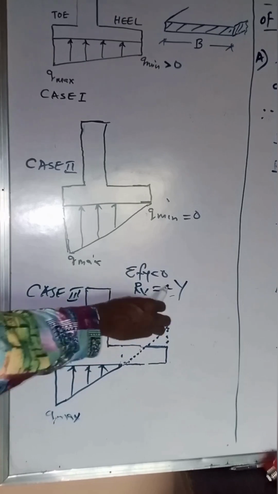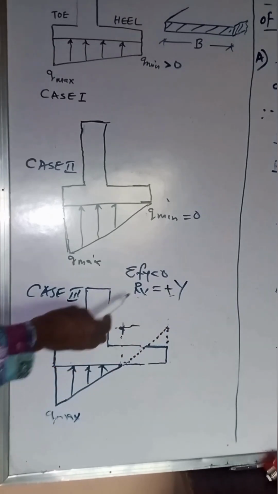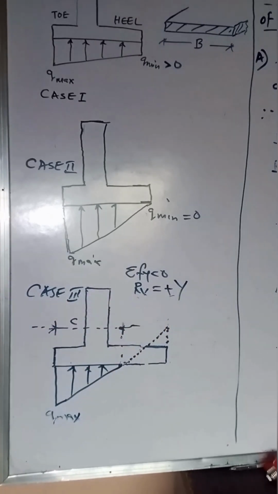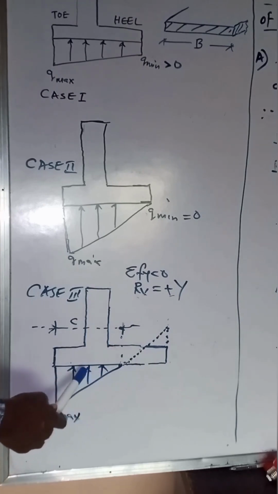What it means is that RV must be equal to this, so this triangular load must act at the same point as the vertical load in order to maintain equilibrium. And of course, we know that a triangular load acts at a distance of 2/3 of the distance covered and 1/3.